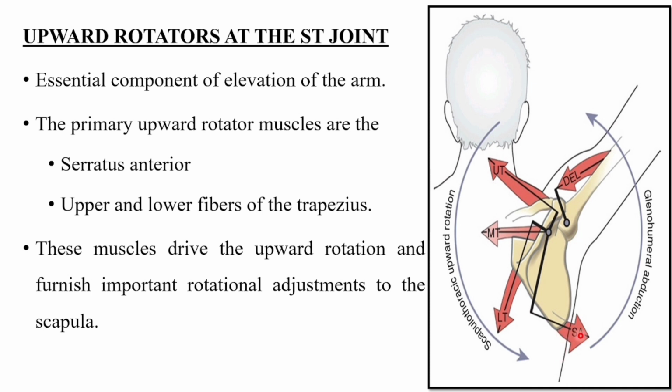These serratus anterior fibers are the most effective upward rotators of the force couple because of their larger moment arm. You can see here the serratus anterior has a larger moment arm compared with your other muscles, that is your upper trapezius and lower trapezius. Hence, because of its large moment arm, serratus anterior is the main muscle for your upward rotation of the scapula.